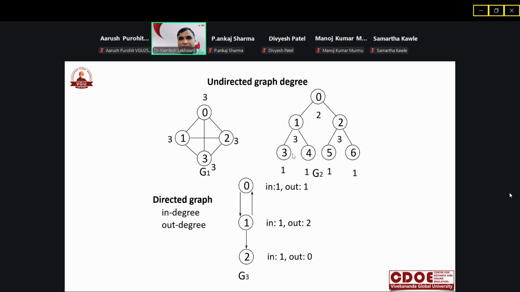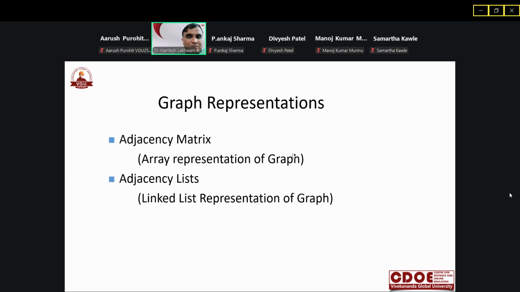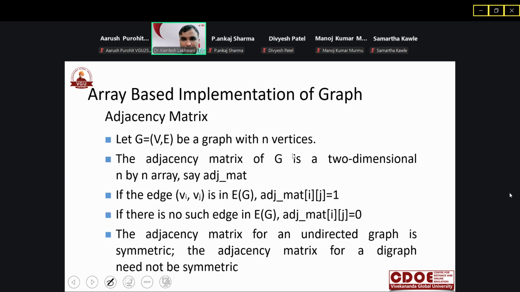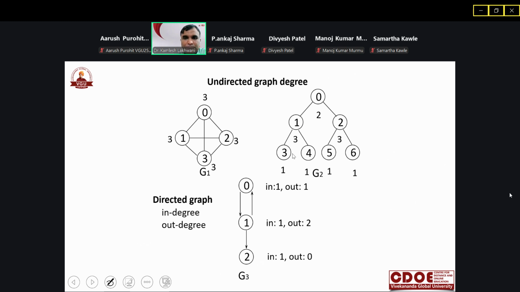Now degree in an undirected graph. Here graph G1 is an undirected graph. There is no direction mentioned on the edges, right? You can say the degree of vertex 0 is 3. Why 3?